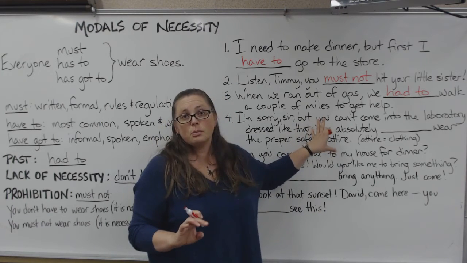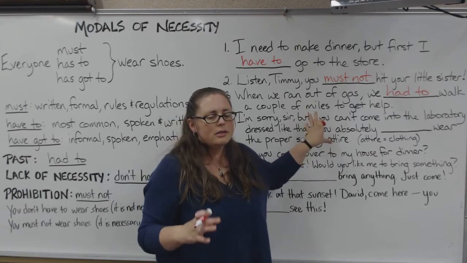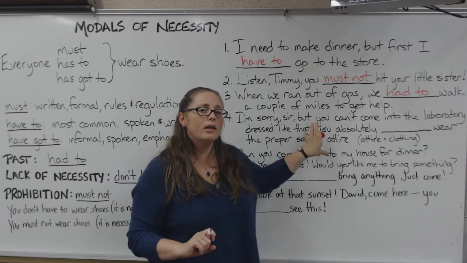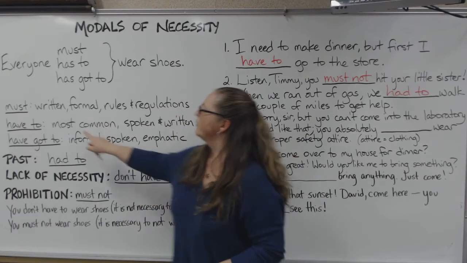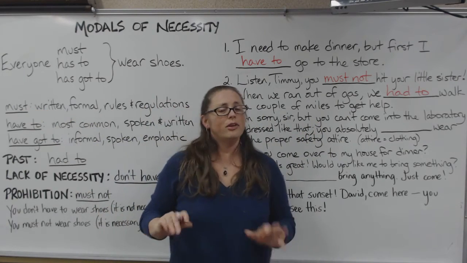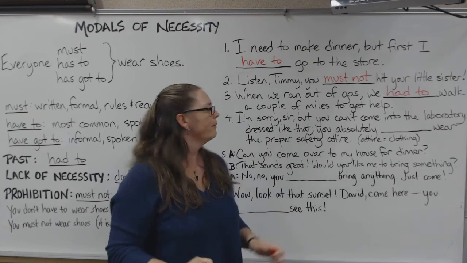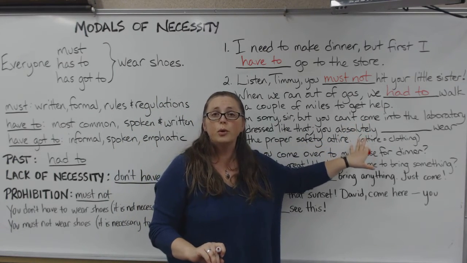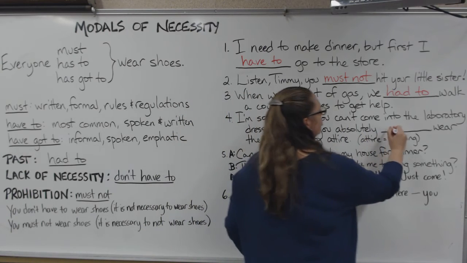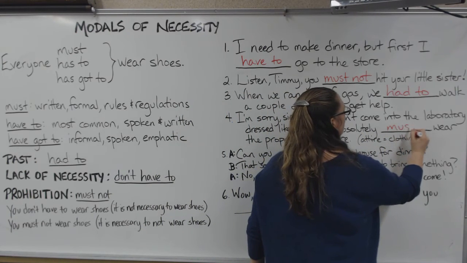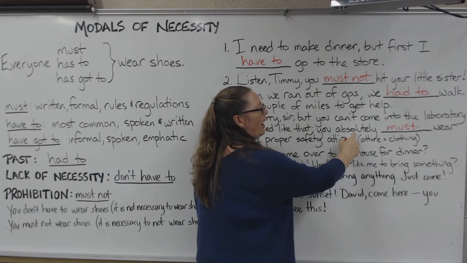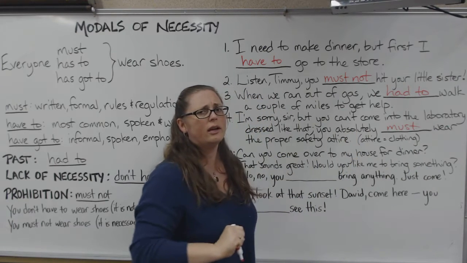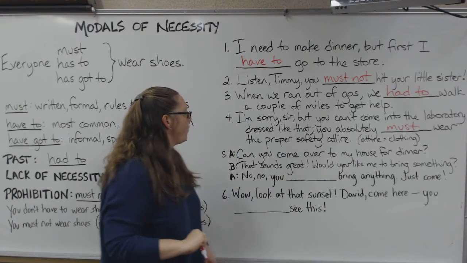This situation is speaking, but it is a situation where it may be possible to use must. Even though it's usually in writing, this is a regulation, a rule, so we could use it. Especially when you have this word, absolutely, very strong.